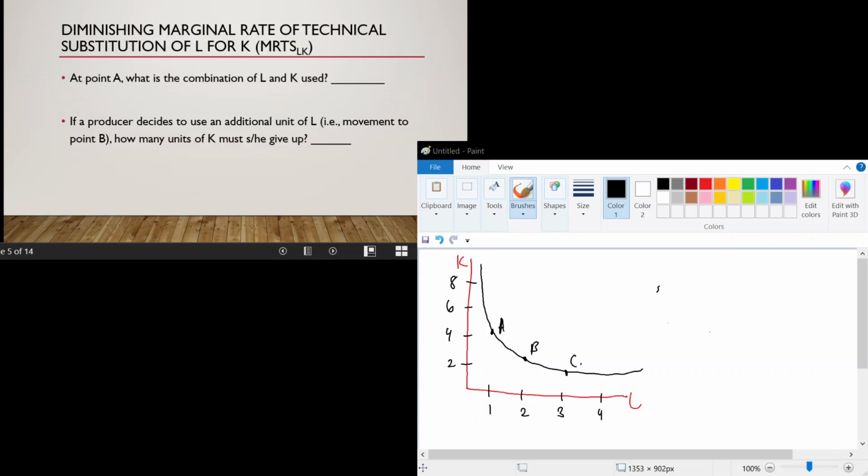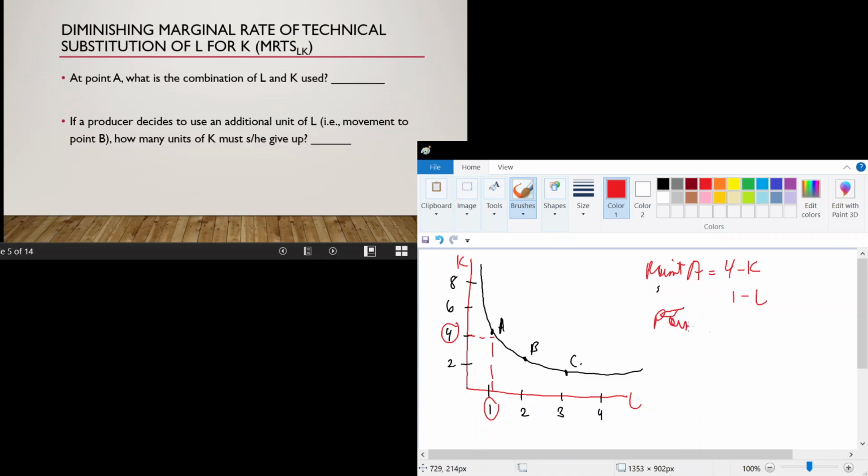So we have here point A. Okay, so at point A, we have 4 na K and we have 1 na L. Okay? So, point A, 4 na K and then 1 na L.